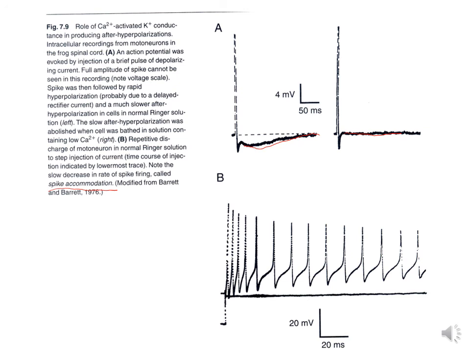So you can see that it is the interplay between depolarization, calcium entry, and the existence of these calcium activated potassium channels that will modulate the spike frequency and the spike accommodation of neurons.